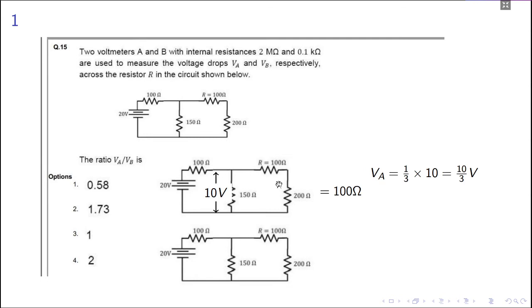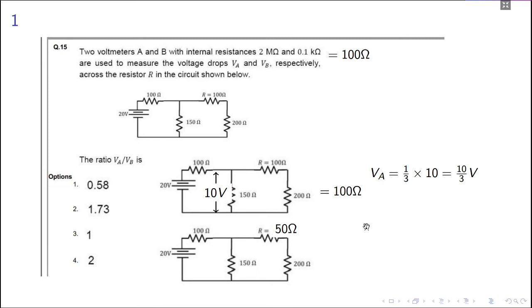So this is what we can calculate without really applying any current analysis. And then we can do a similar thing here. So next time when you connect the 0.1 kilo ohm voltmeter in parallel, that 0.1 kilo ohm is equal to 100 ohms basically. So you have 100 ohms, and then you have another 100 ohms in parallel.